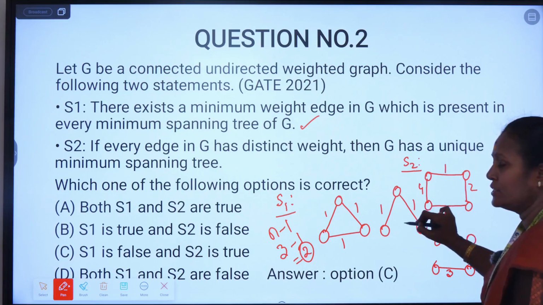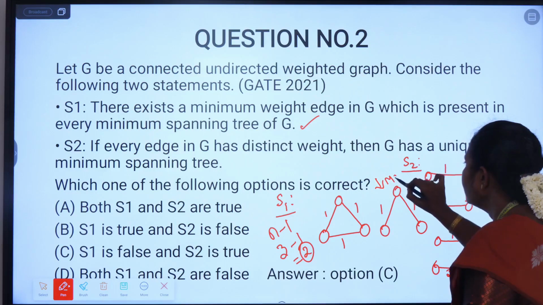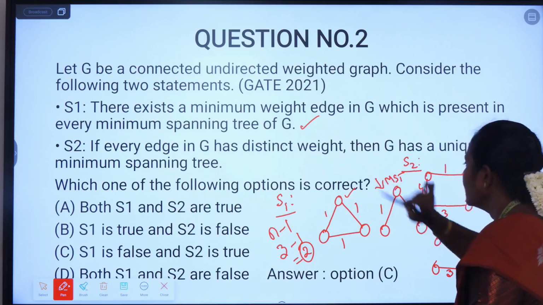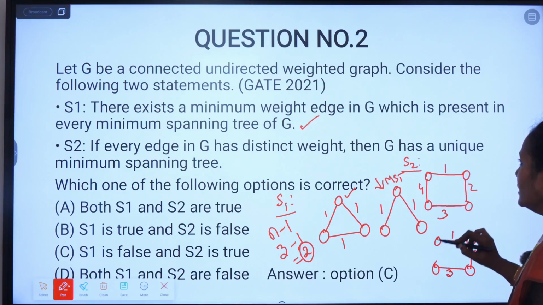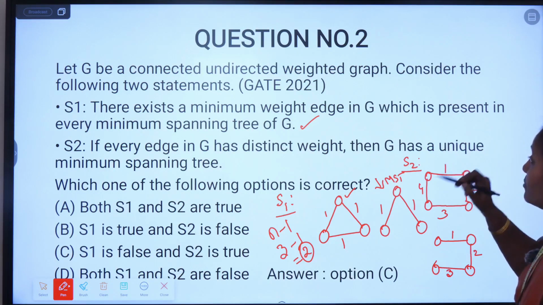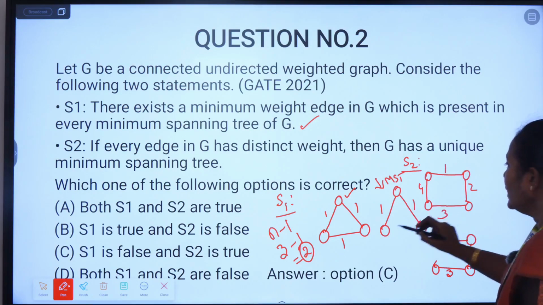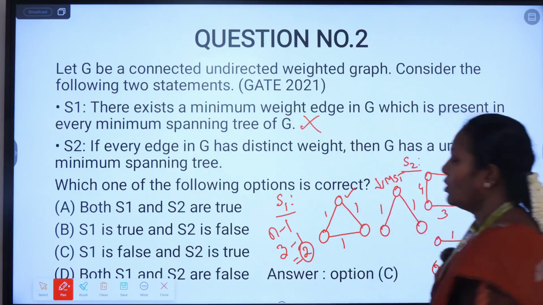We have 2 edges here. So this is the minimum spanning tree for this graph. Okay, so here, that there exists a minimum weight edge in G which is present in every minimum spanning tree of G, it is not present here. So statement 1 is wrong here.